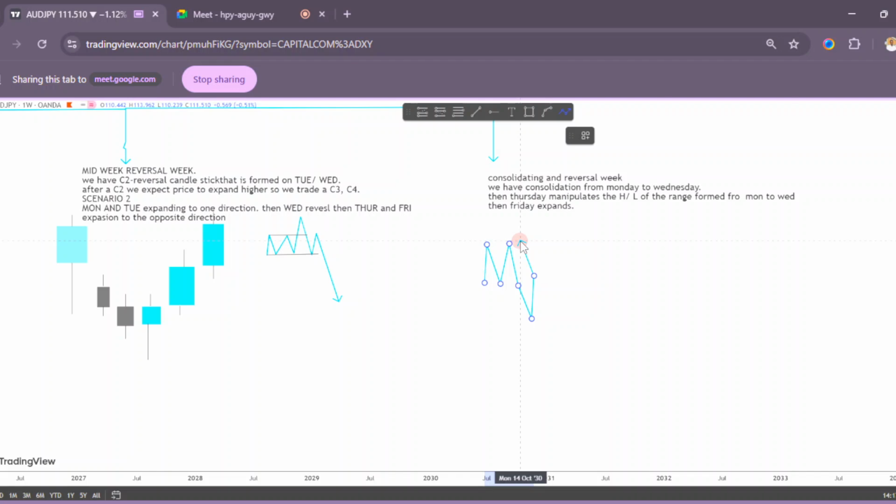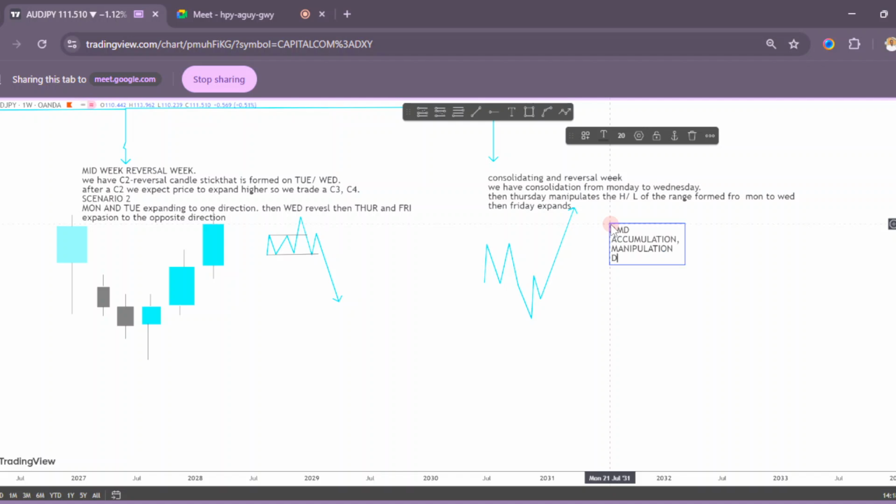It can manipulate either the high or the low, and then Friday expands higher. This is what we call an AMD: accumulation, manipulation, and then distribution.